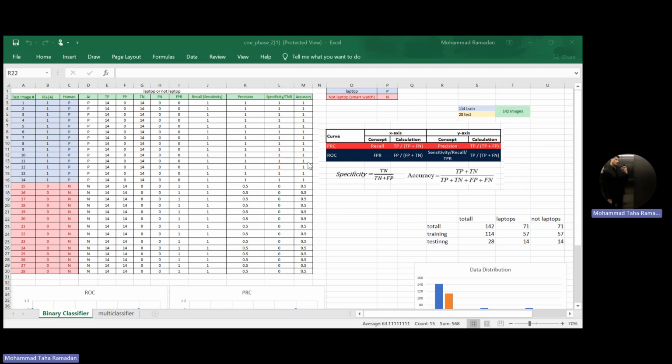This indicates the model performed exceptionally well, making no errors on the test images. It correctly identified every laptop and every smartwatch. Overall, this binary classifier demonstrates that our model can reliably distinguish between these two classes with high confidence.